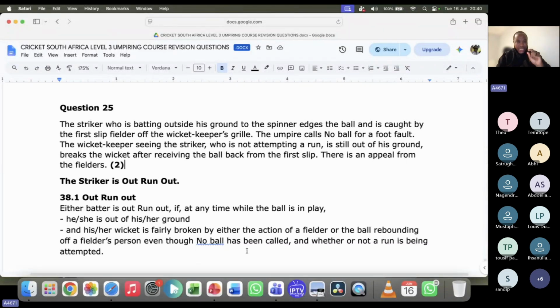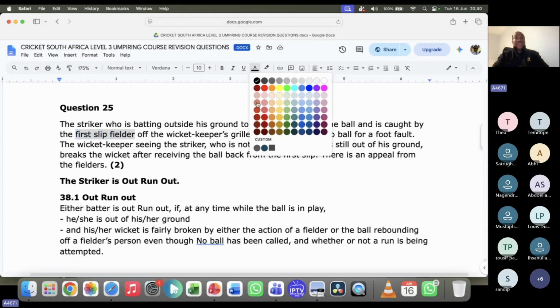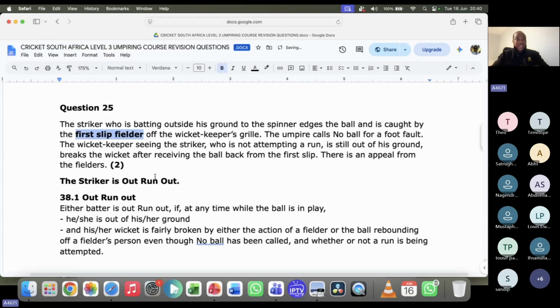So the trick to this question was the first slip fielder's intervention. If the first slip fielder was not involved in this scenario, then the striker would be not out, run out, because then it would effectively be a stumping.